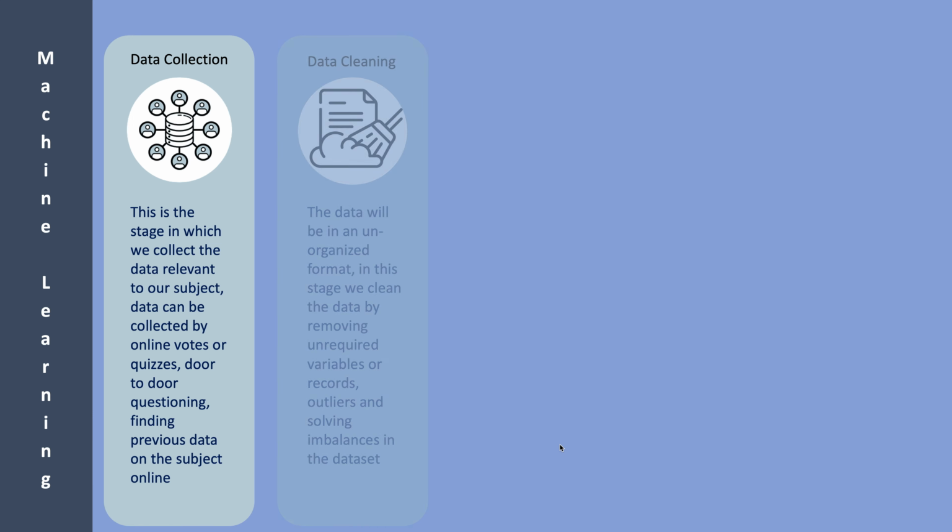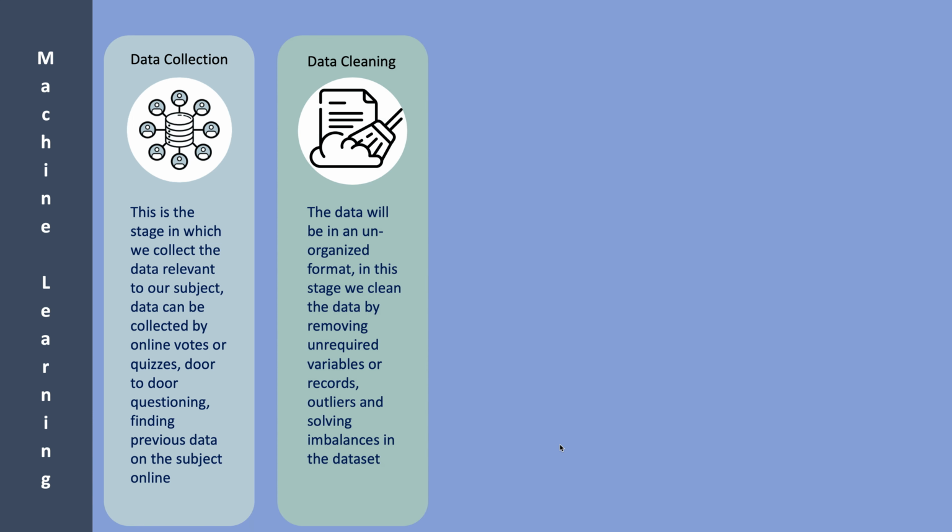Next comes data cleaning. The data is usually in an unorganized format with empty values, unrequired variables, outliers, and imbalances in the data. We need to sort and clean the data such that all these problems are solved, so our machine learning model can understand our data with optimum accuracy.